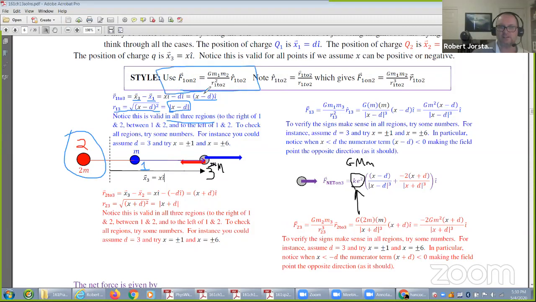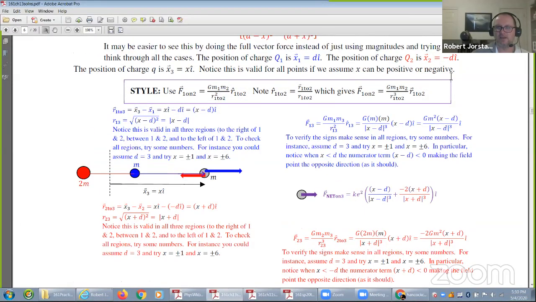And if you do all of it in this style and get used to it, this one-dimensional problem has one region to worry about instead of three. That's what I was trying to point out here. If you use this style with the R hats, there's basically only one region and the problem does it all itself in one step, as opposed to having to do this crap and think about the three cases.